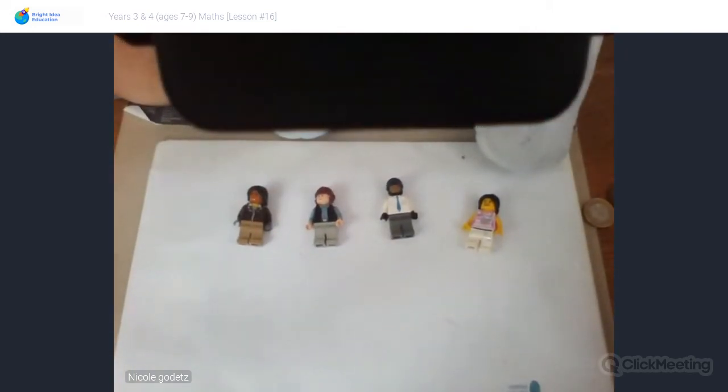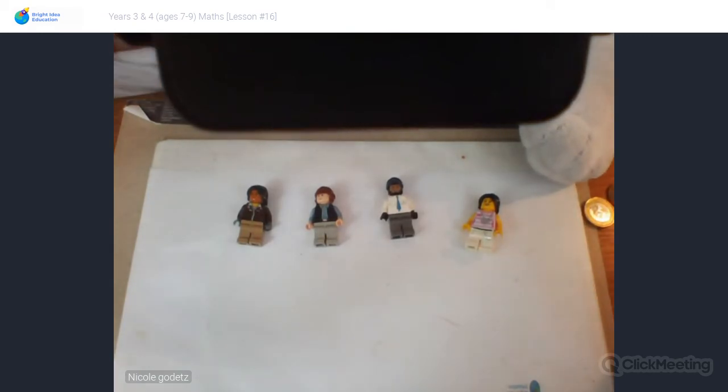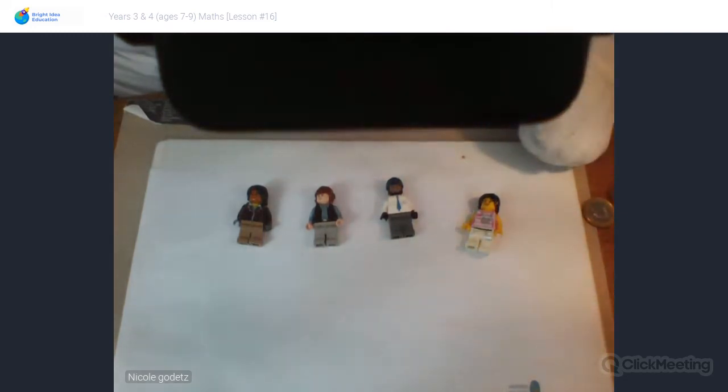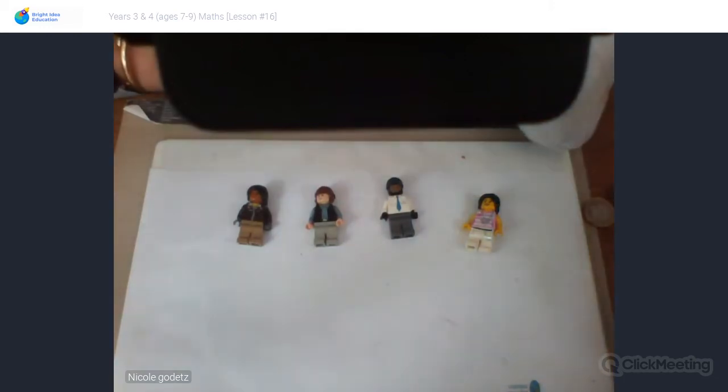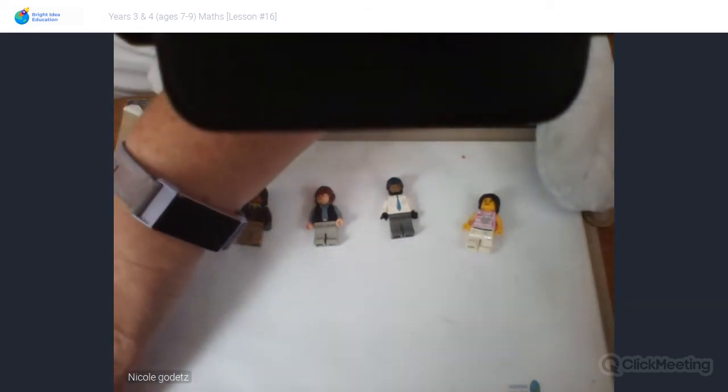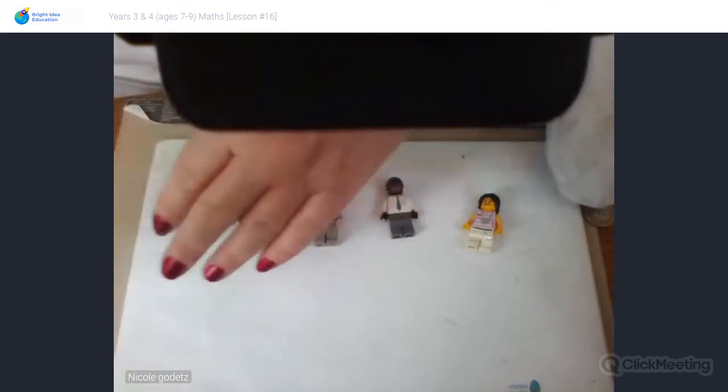We've been having a few little light issues here today. Although it's sunny, we're just going to see if we need a little bit more light over here so that we can see what is happening, if that helps at all. No, I think that just makes it look a bit darker. The thing is, the computer screen blocks the light.